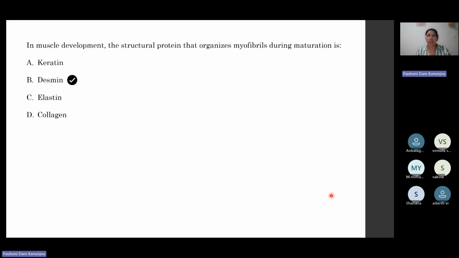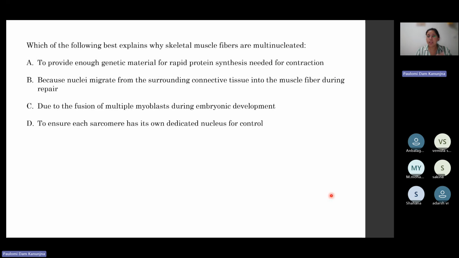Okay. Now we know skeletal fibers are multinucleated. We have seen the images of multiple blue colored nuclei. So why do you think they are multinucleated? Which is the best reason that explains why these muscle cells are multinucleated? Is it to provide enough genetic material for protein synthesis, or is it because nuclei have migrated from the surrounding connective tissue into the muscle fiber?